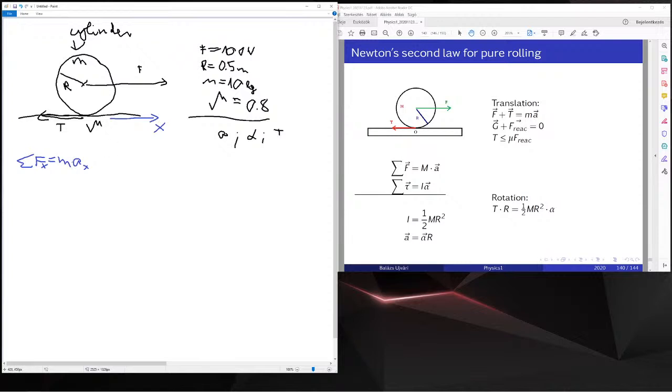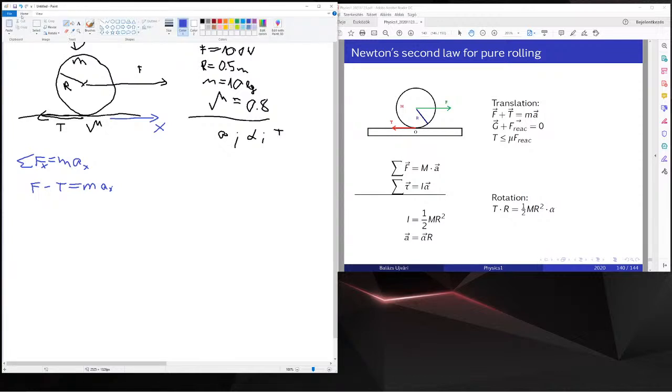Let's choose this positive direction to your right. So the sum of the forces means this F force minus T, that will equal m times ax. So this is the dynamical equation, F equals m times a for translation.